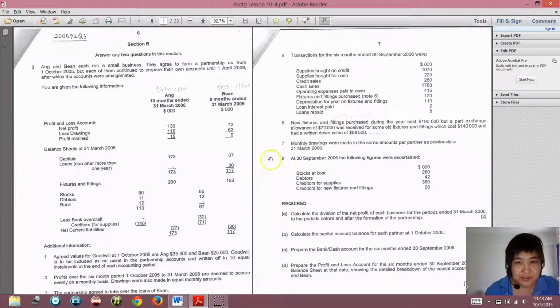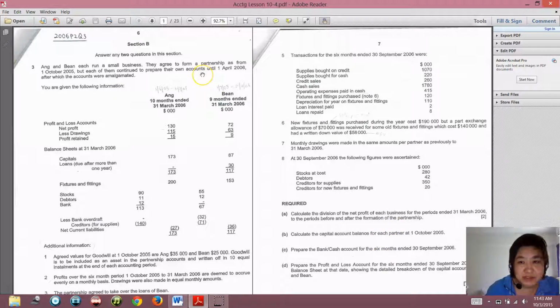Okay, so what the question is asking is, calculate the division of net profit of each business for the period ended 31st March 2006 to the period before and after formation of the partnership.